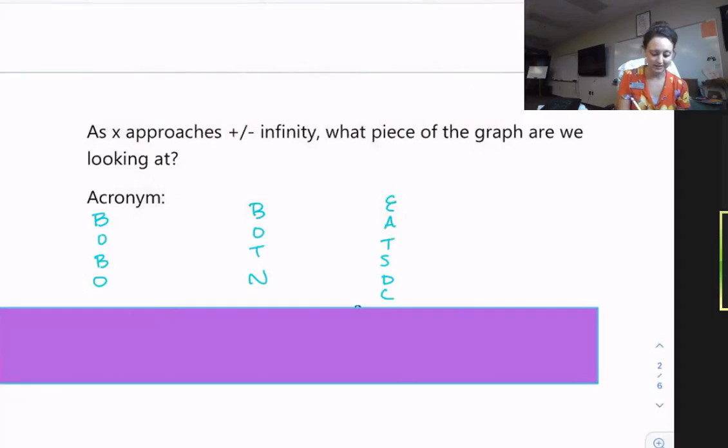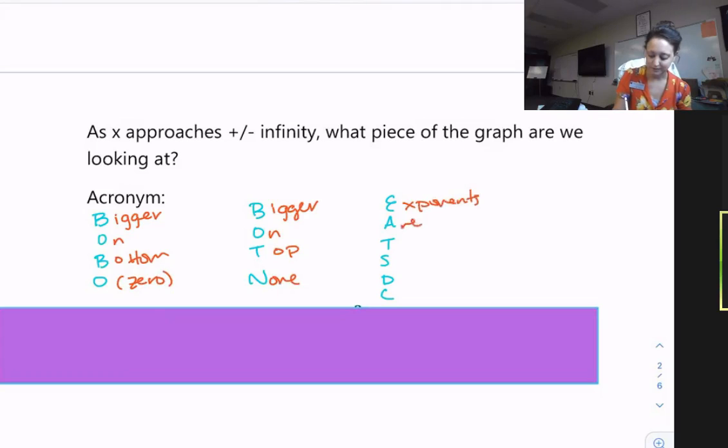This is what all that stands for. Bigger on bottom, y equals 0. Bigger on top, none. Exponents are the same, we divide coefficients.